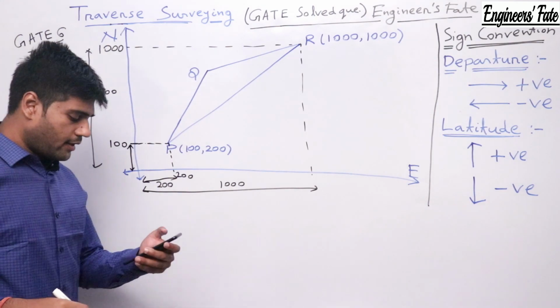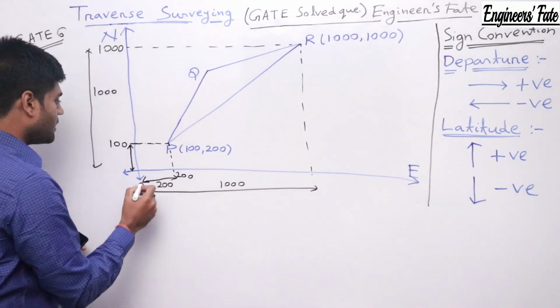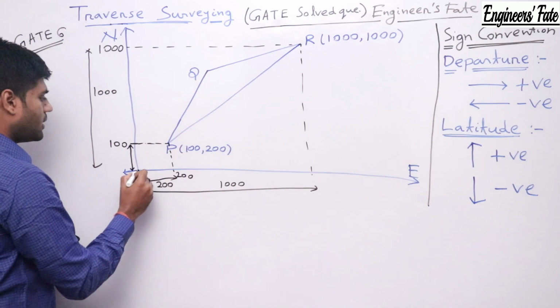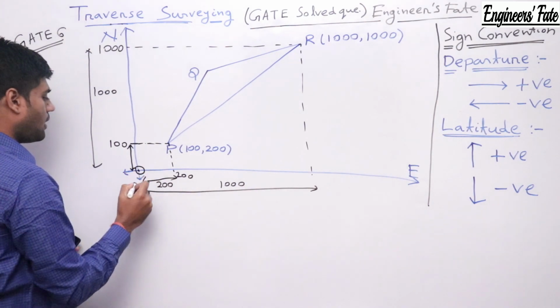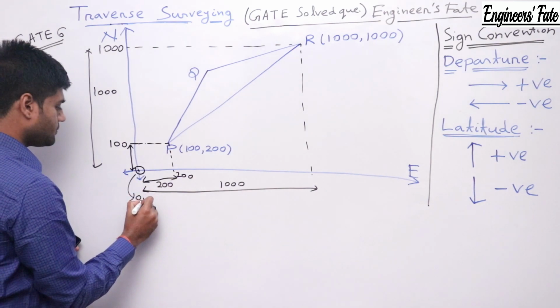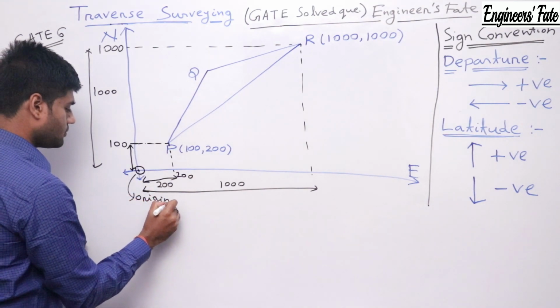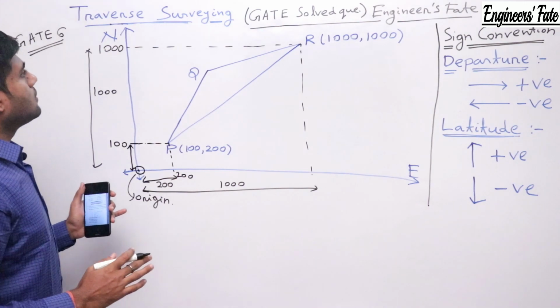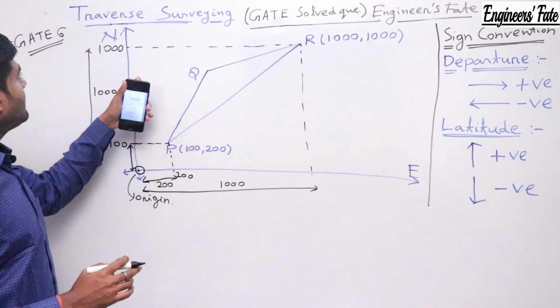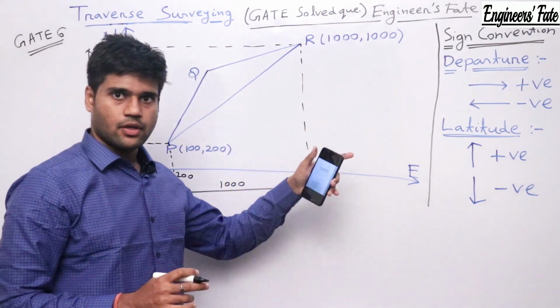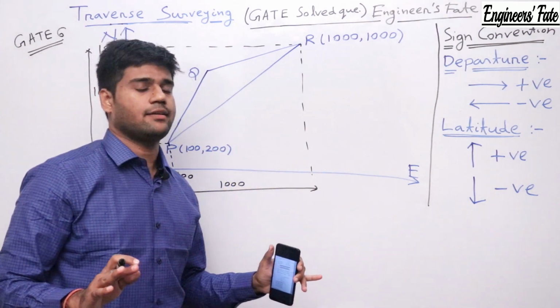In the figure he has not mentioned whether this is the origin or not, but as you can see this is our origin. So the traverse figure is drawn in the first quadrant, that is in northeast. Okay, these things are clear.